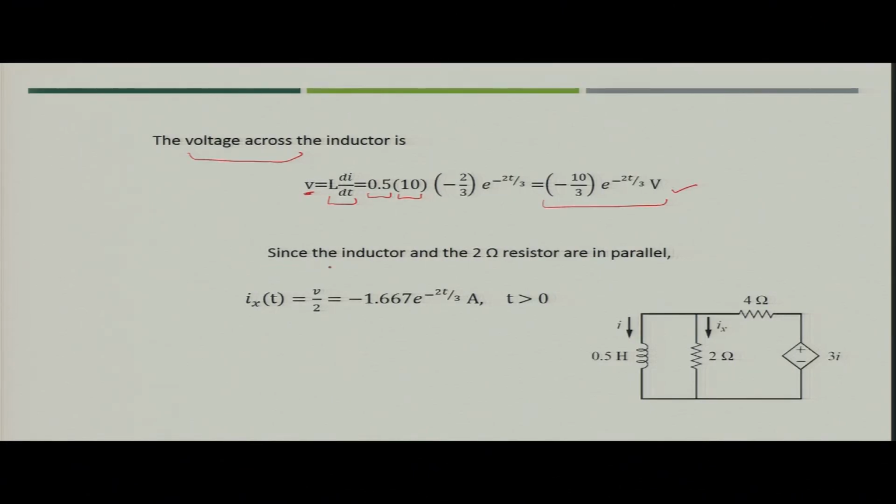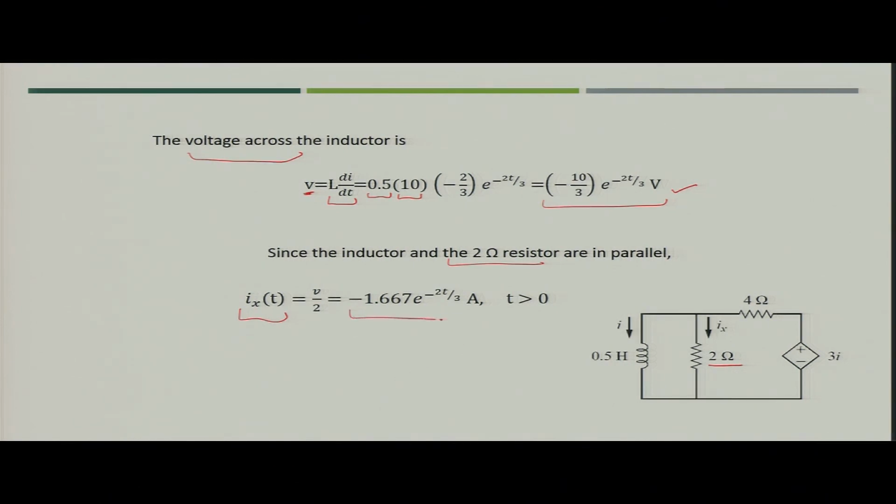Now, since the inductor and the 2 ohm resistor are in parallel, whatever voltage comes across the inductor will be the same voltage across the 2 ohm resistor. So, we can calculate the current Ix flowing through the 2 ohm resistor as V by 2.